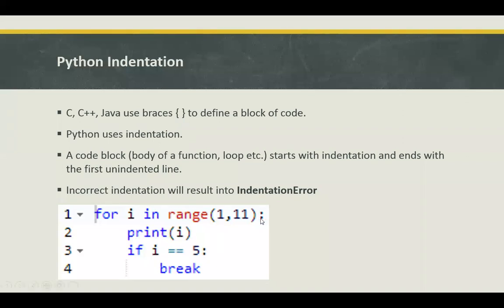So by these indications, the Python interpreter can understand this is a block. And if incorrect indentation is there, you will get an indentation error. Now here you can easily understand the block. For example, for i in range 1 to 11, colon is there.